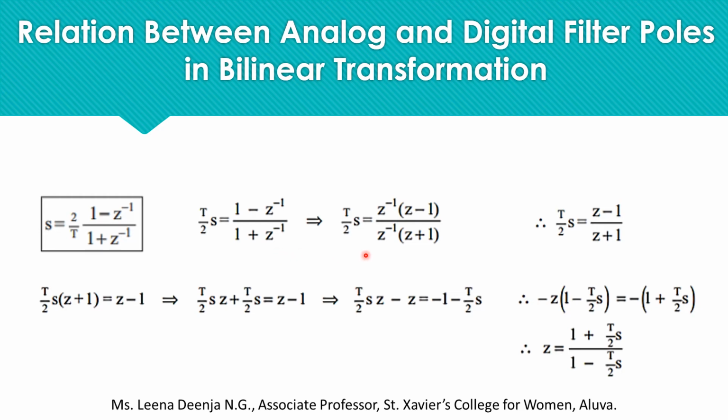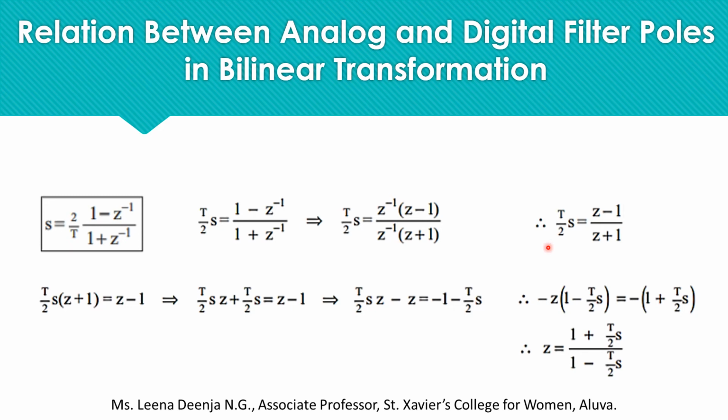That is equal to, here take this z raised to minus 1 out from the numerator and denominator. So it is equal to z raised to minus 1 into (z minus 1) divided by z raised to minus 1 into (z plus 1). We can cancel this z raised to minus 1 from numerator and denominator.